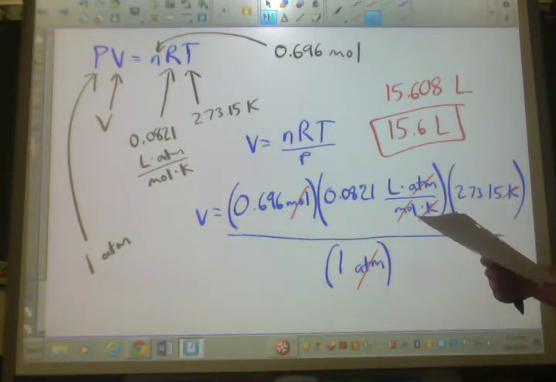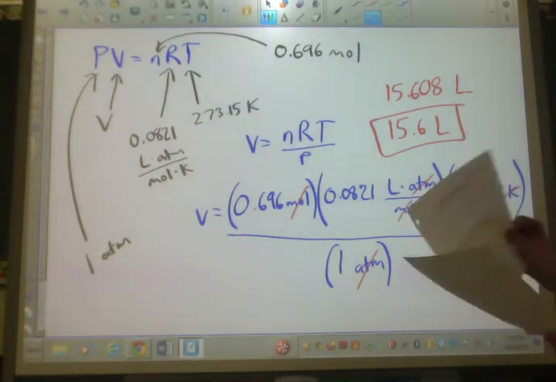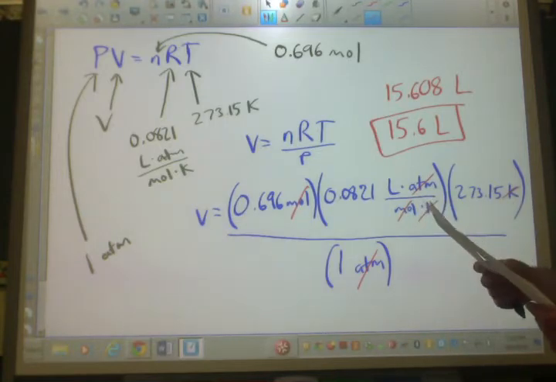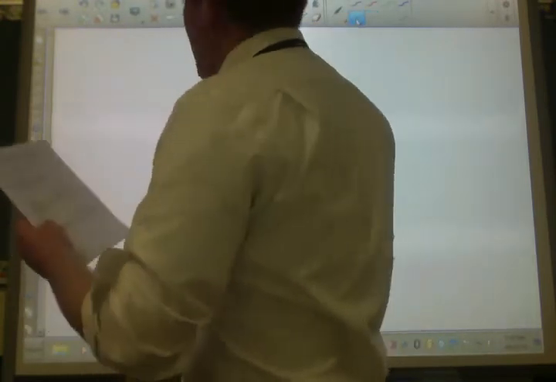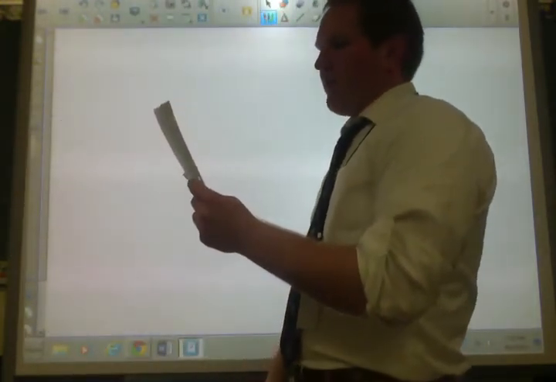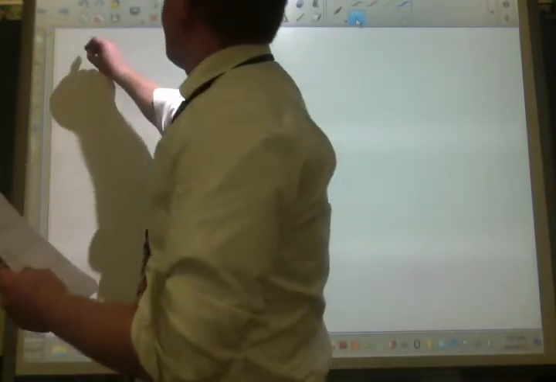Okay, let's do number 5. Number 5 on the back. Zinc metal reacts vigorously with chlorine gas to form zinc chloride. Single replacement reaction.